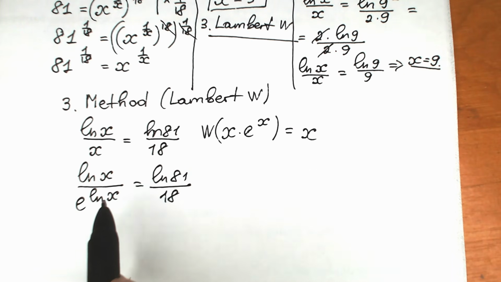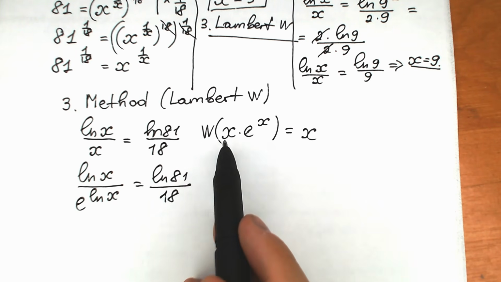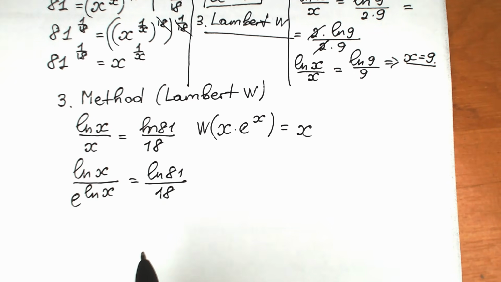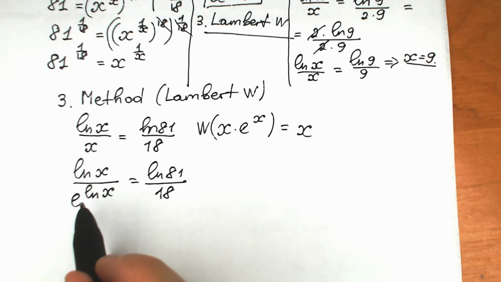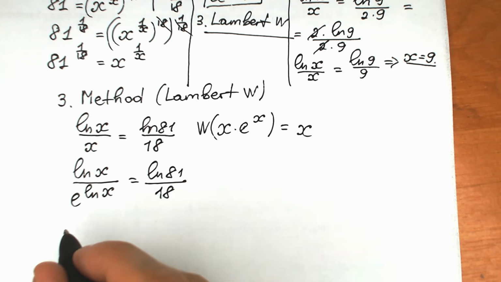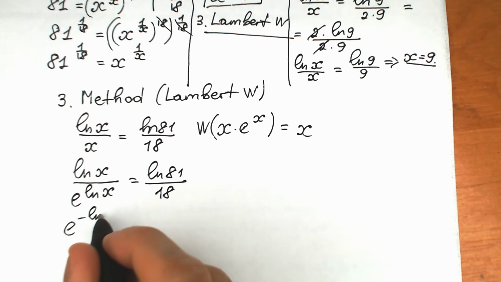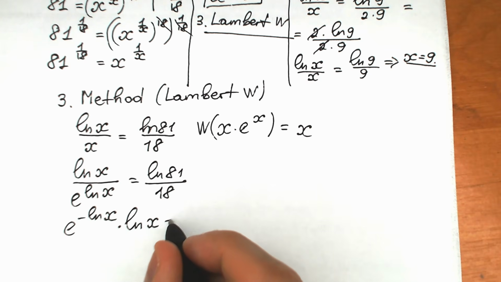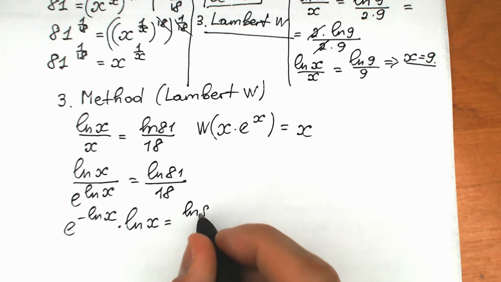Right now we don't want the denominator here, so let's bring this expression to the numerator, but with the minus sign, because this is a power rule. So we have e to the power minus natural log x, times natural log x equal to natural log 81 over 18.